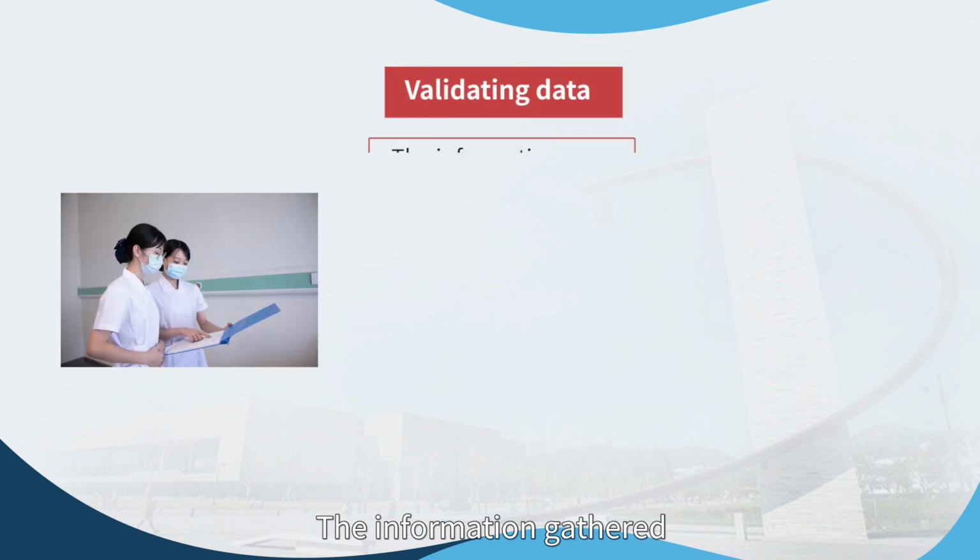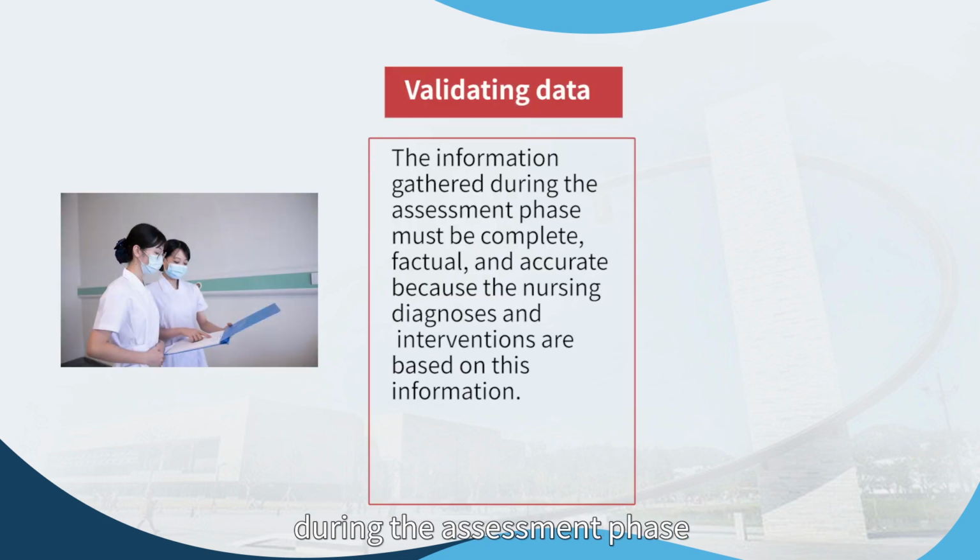The information gathered during the assessment phase must be complete, factual, and accurate because the nursing diagnosis and interventions are based on this information. Validation is the act of double-checking or verifying data to confirm that it is accurate and factual. Validating data helps the nurse complete these tasks.